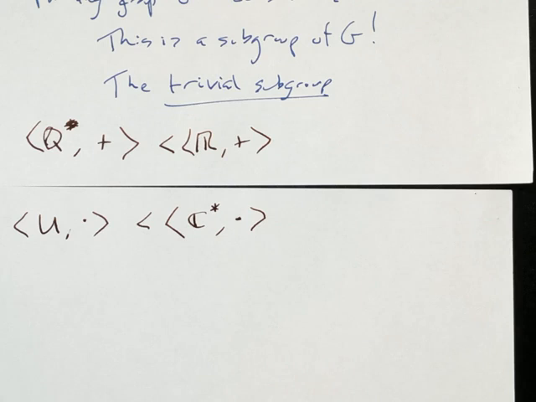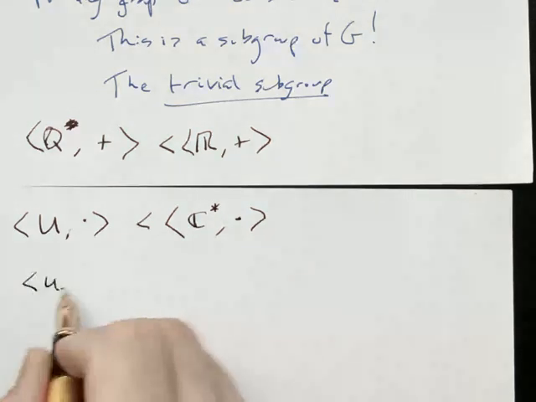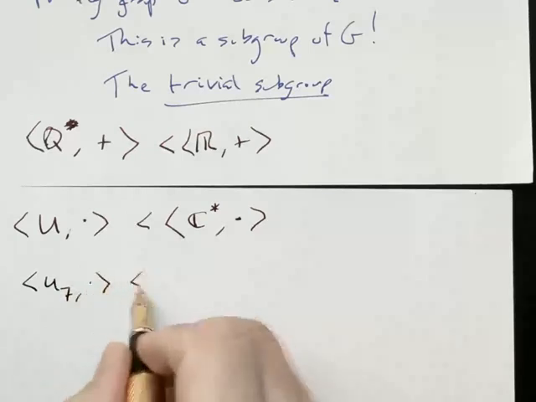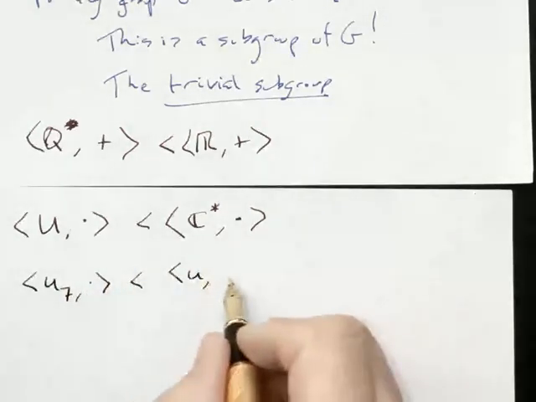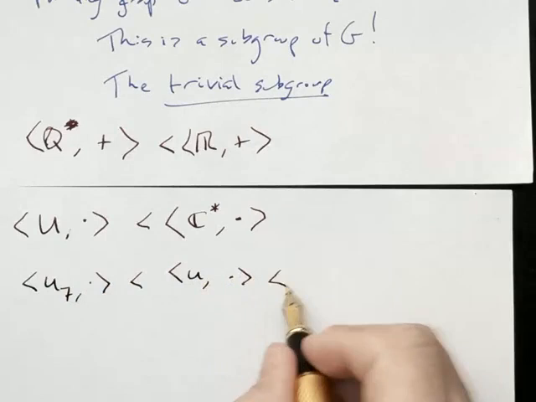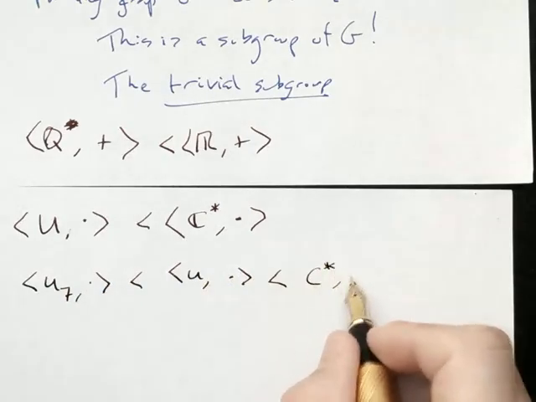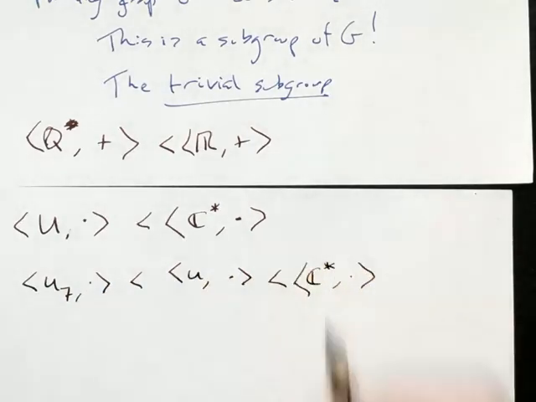So we have a chain of subs. And you put any number there: U6, U14, U123, 123rd roots.